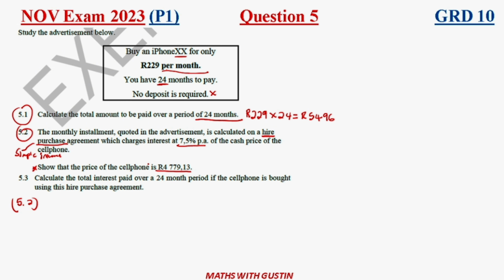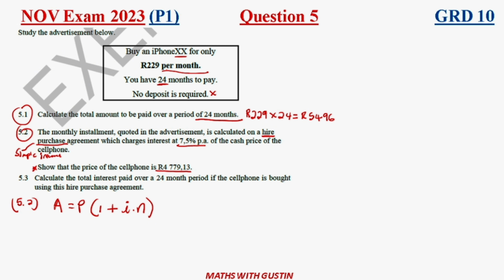They are asking us to show that the price of the phone, if the interest rate was 7.5%, is given by that. So we said the simple interest formula is A equals the starting amount or principal amount, in this case P, times 1 plus i times n.